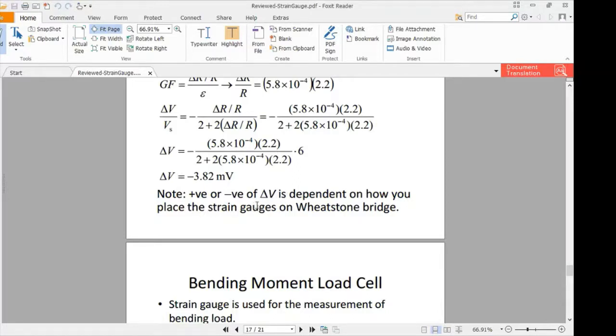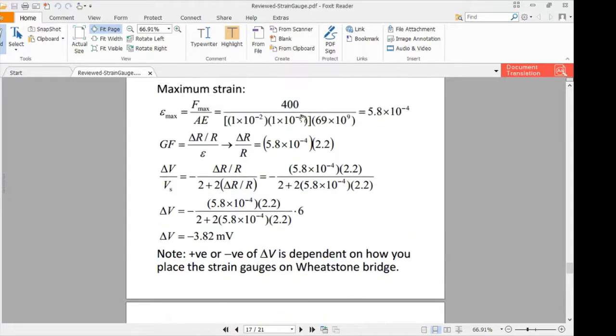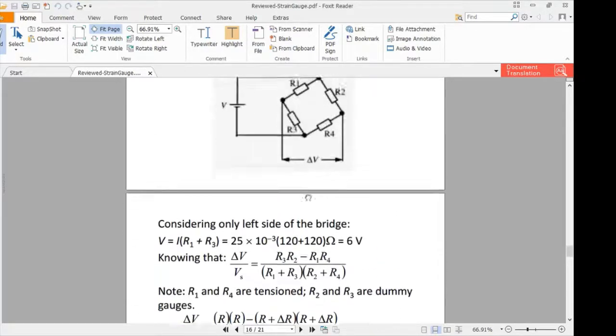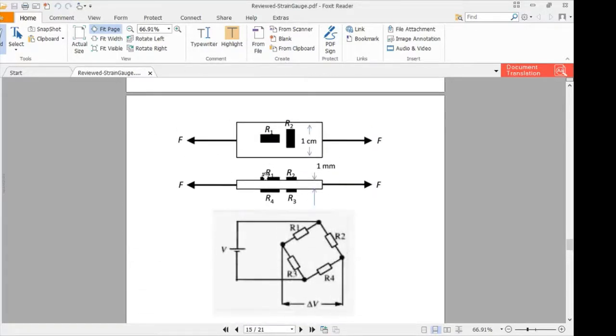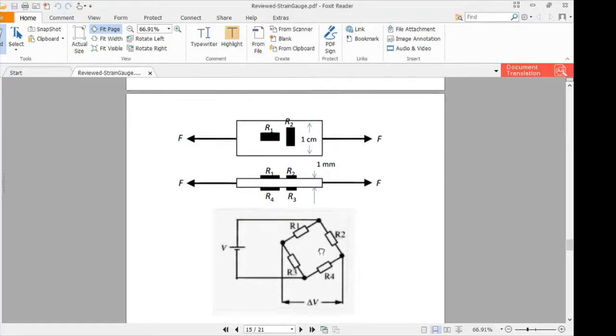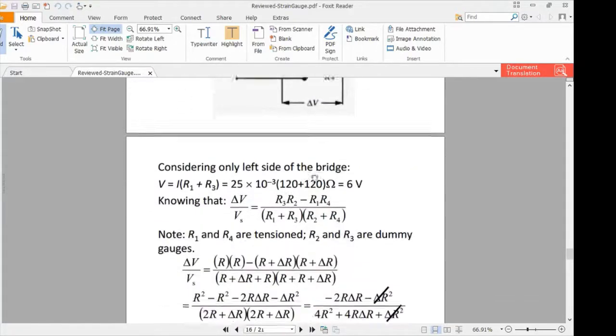If, let's say, we place R2 and R3 in the sensitive direction instead of R1 and R4, and R1, R4 as dummies, then in this case we will get a positive offset voltage.